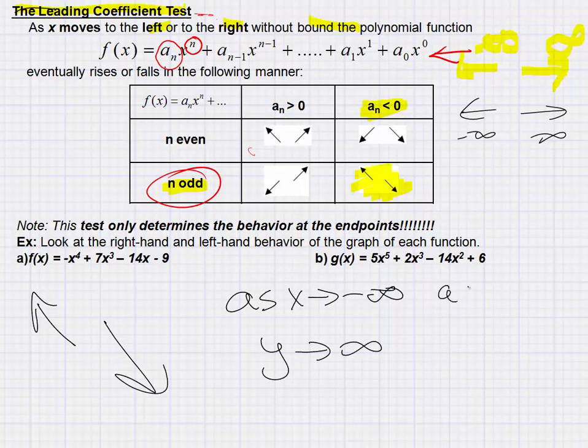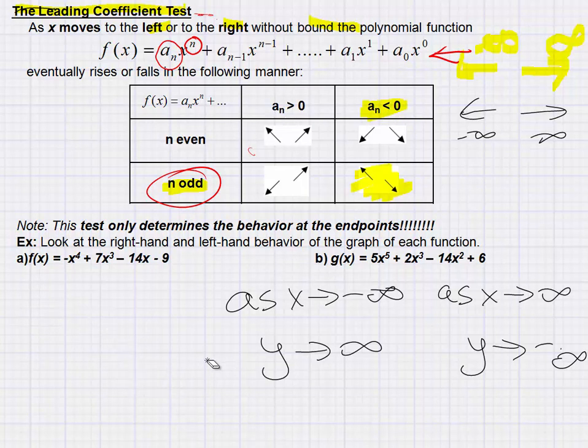And as x goes to positive infinity, y is pointing down, so y is going to negative infinity. Okay? So this leading coefficient test determines that whole huge chunk of the graph, the ends of the graph, just purely by looking at the degree and looking at the leading coefficient.